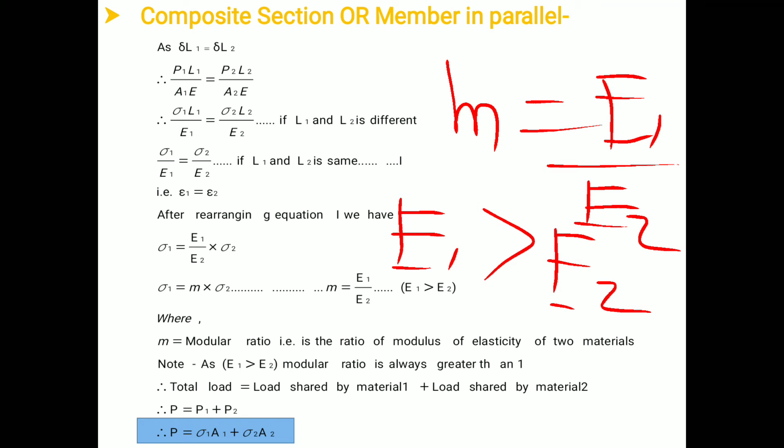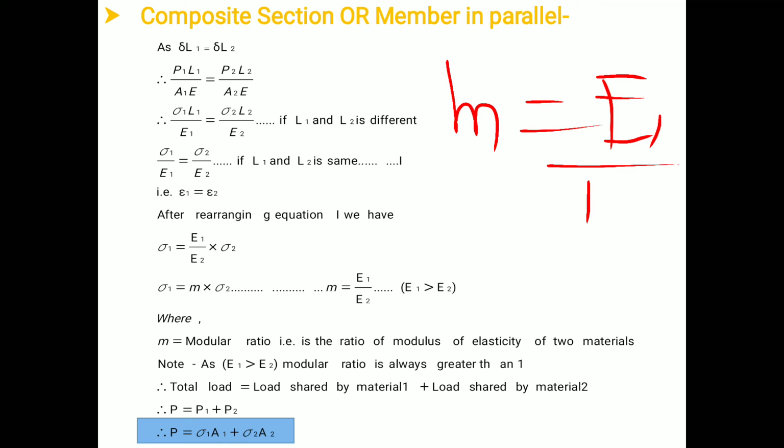Therefore the total load will be the load shared by material 1 and the load shared by material 2. As the body will act as one unit, the load will be shared by both the materials, and that load will be the summation of the load of material 1 and the load of material 2. Therefore we have the final equation P is equal to P1 plus P2.